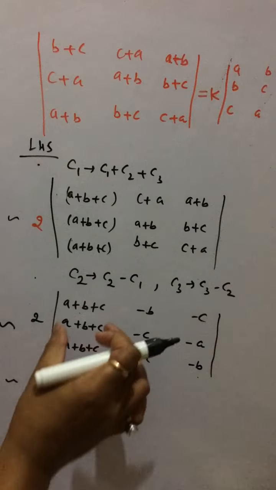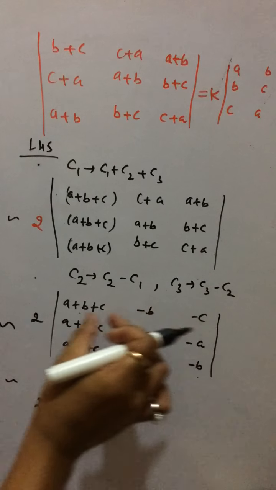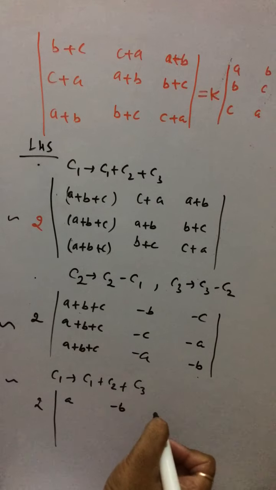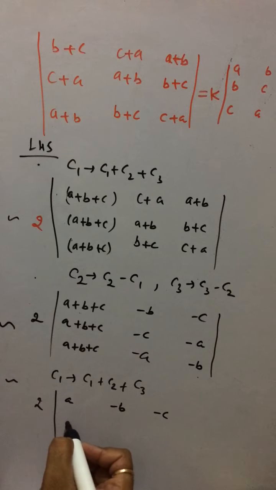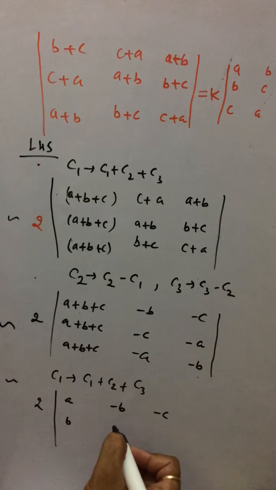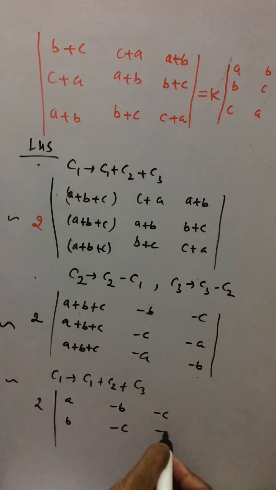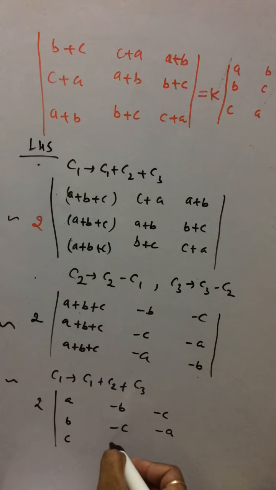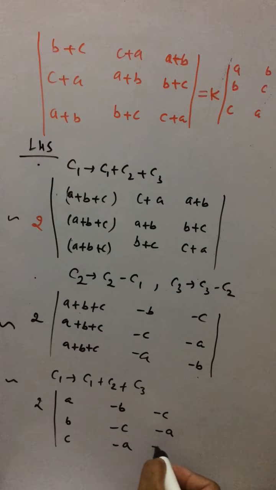You would get here A minus B minus C. You'd get here B minus C minus A. You'd get here C minus A minus B, like this.